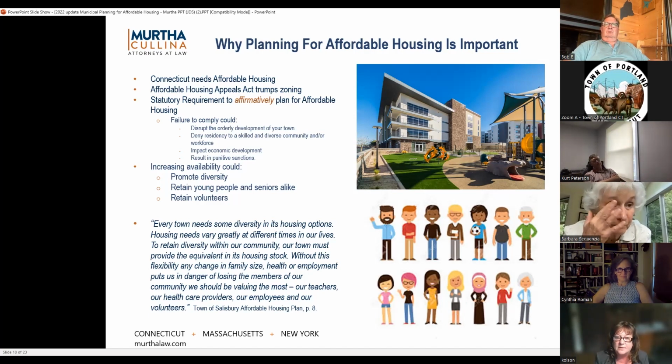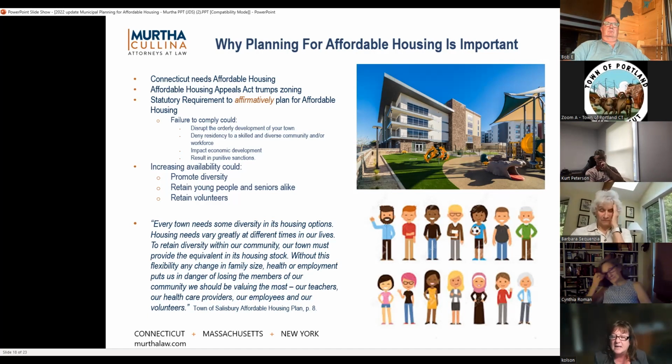To retain diversity within our community, our town must provide the equivalent in its housing stock. Without this flexibility, any change in family size, health, or employment puts us in danger of losing the members of our community we should be valuing the most: our teachers, our healthcare providers, our employees, and our volunteers. And they were really focused on the volunteers because so many of the volunteers were the seniors in their community.